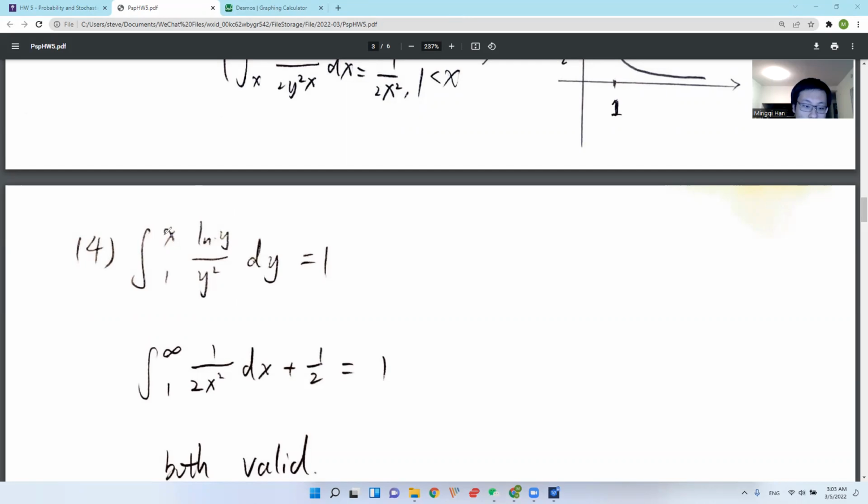So for the dy part, the range really should just be infinite, and after the integration this part is 1. We can confirm that. And for f_X, the integration over this part is 1/2, and this part is also 1/2, so the combination is also 1. So both are valid. And that's it for this question.